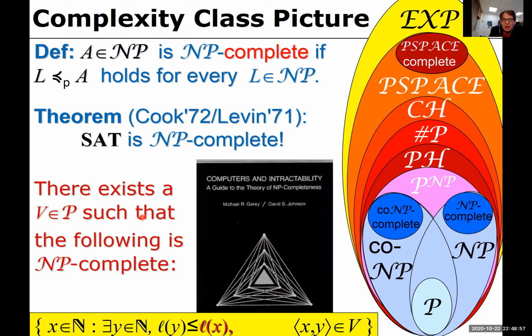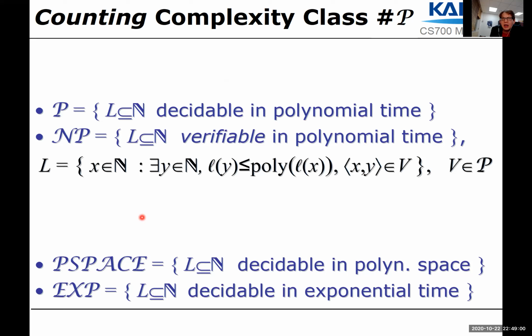That's one thing. And then, as I already announced, I still owe you the introduction of this complexity class #P. So what is #P? Remember that NP is a class of polynomial time verifiable problems where the inputs, by definition, are positive instances belonging to the problem in NP if and only if there exists a witness of polynomial or linear length where being a witness can be decided in polynomial time.